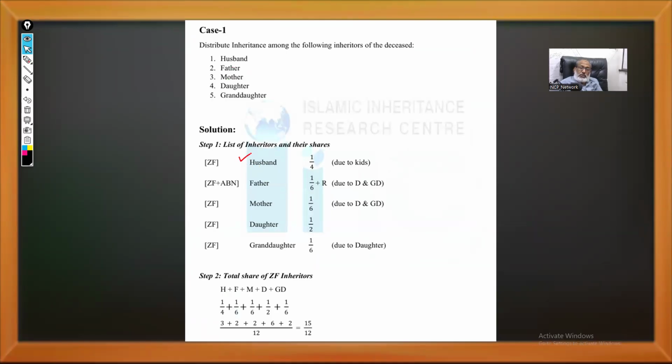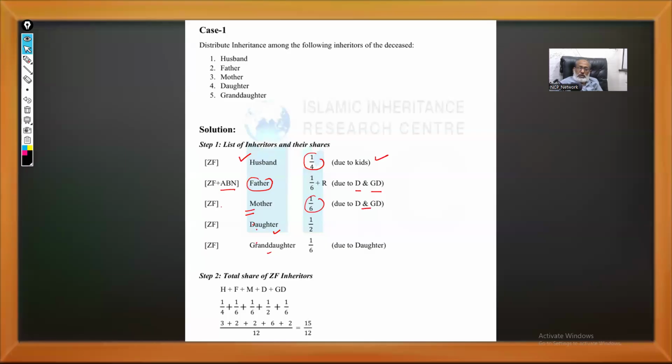Husband is always a primary heir, getting 1 by 4 due to the presence of the daughter or the granddaughter. Father is a primary heir as well as the residuary due to the presence of the daughter or granddaughter. And mother is always a primary heir and gets 1 by 6 due to the presence of the kids.